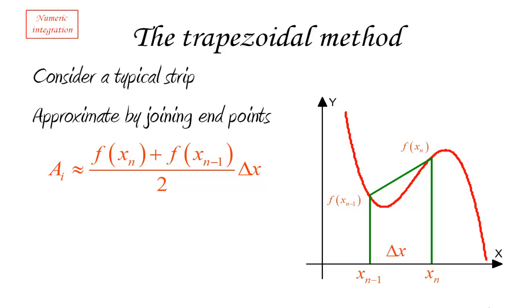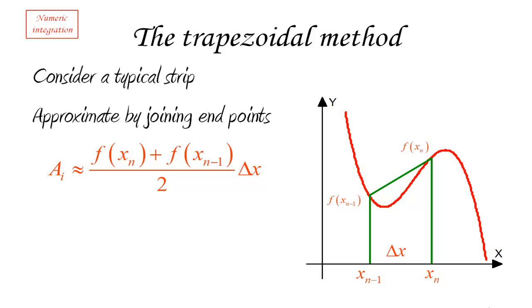The area of a trapezoid is given by the sum of the two bases, in this case the left and the right edges of our quadrilateral, so two vertical lines, divided by 2 and multiplied by the height of the trapezoid, which in this case is going to be delta x. If you're not convinced, you may want to pause and look at the area of the trapezoid and be convinced that that is the formula for it.